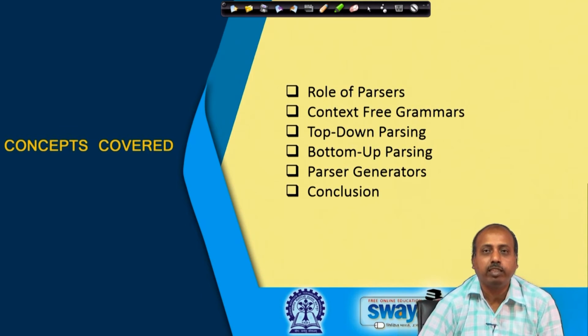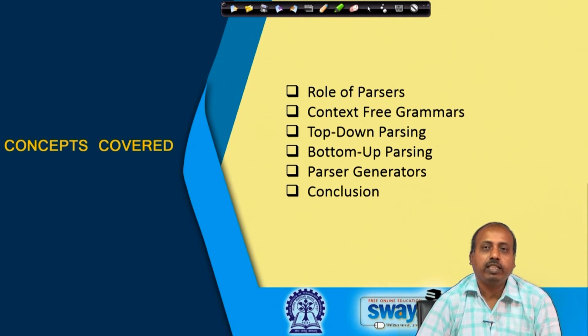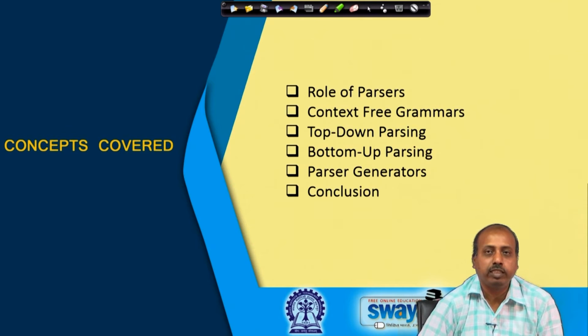The parser will try to give a proof that this particular input file follows the grammar of the language. If it is successful in proving it, it will return a parse tree, constructed in terms of the terminals and non-terminal symbols that are used for specifying the grammar.